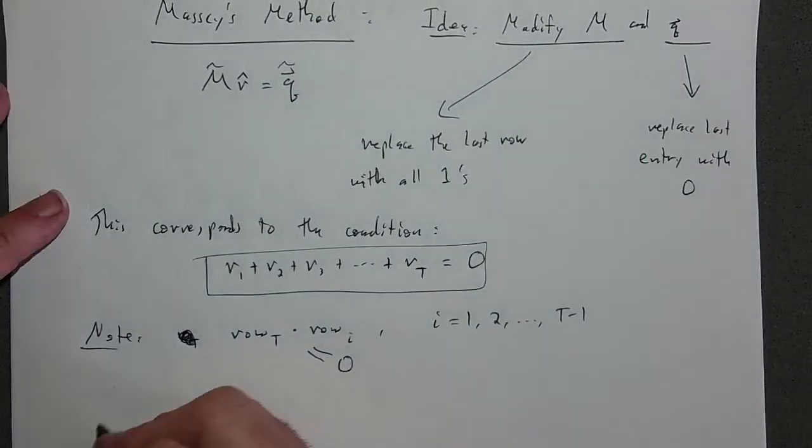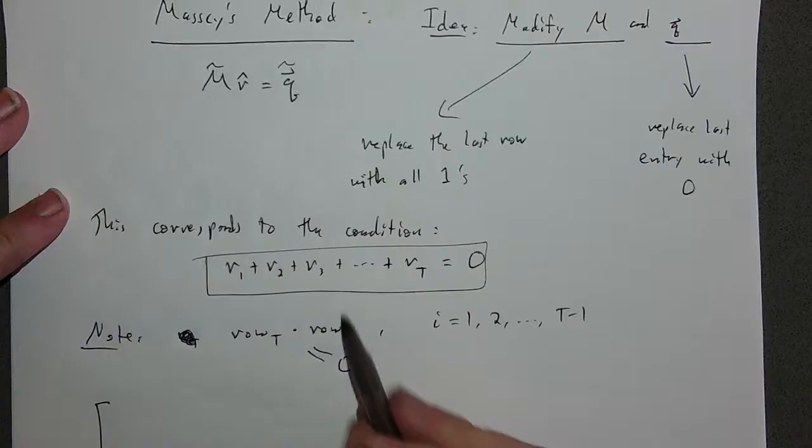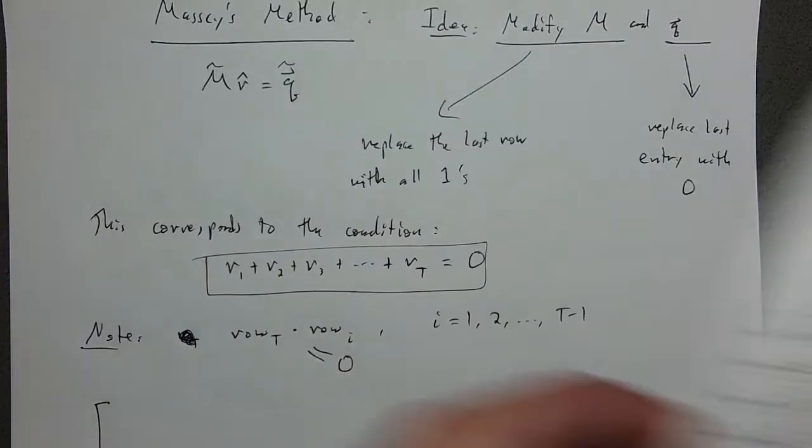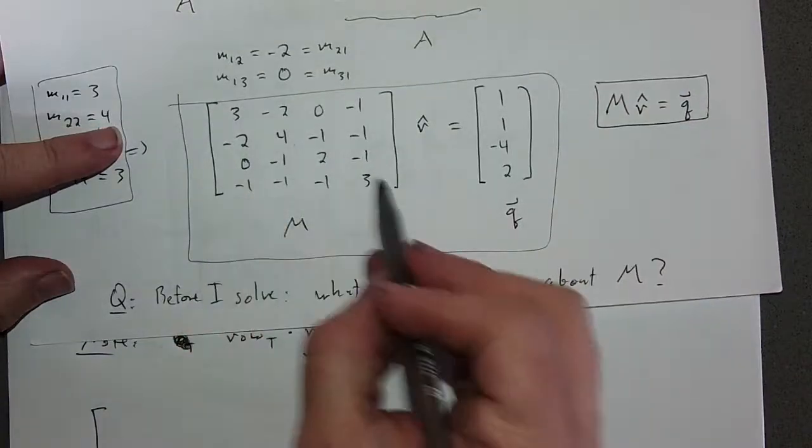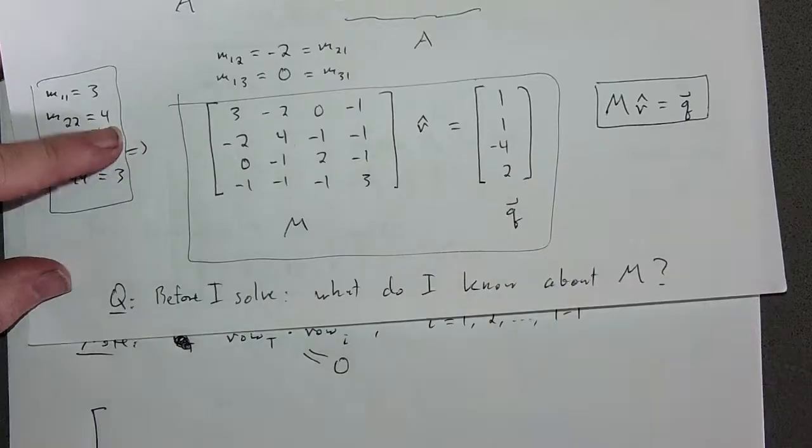So I'm going to rewrite this now in my modified form. I'm going to replace the last row of M with 1s, so the last entry of q gets replaced with a 0.